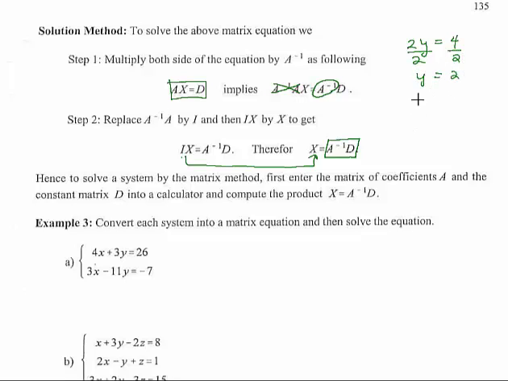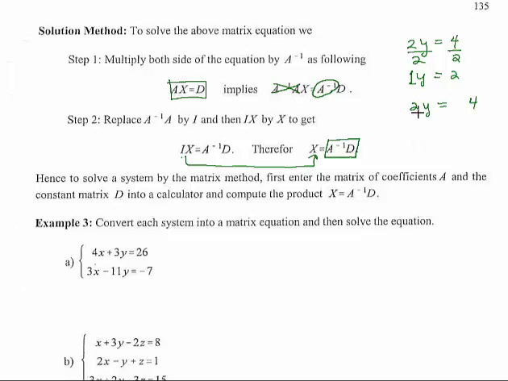Well, there's another way to look at it that falls in line with this method that's laid out here for matrices. What we do is we say, I want the y by itself. Here's our solution, y = 2. The y is completely by itself. In other words, there is a 1 coefficient sitting in front of this y.